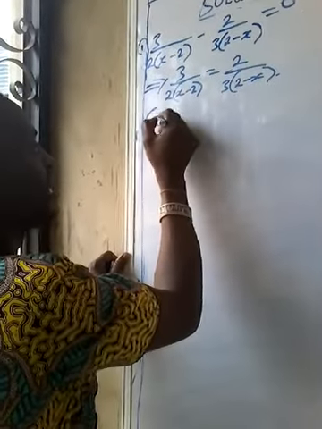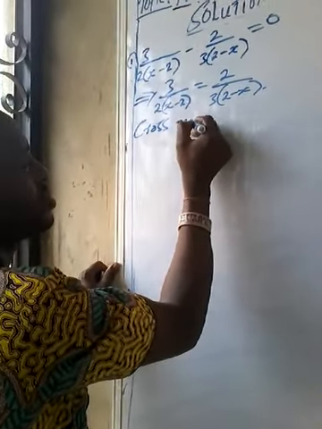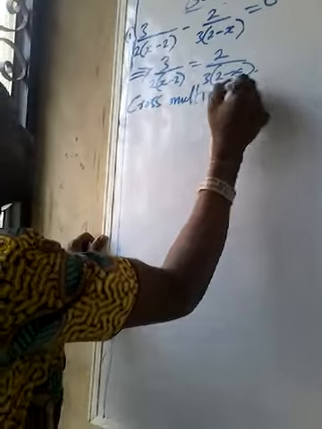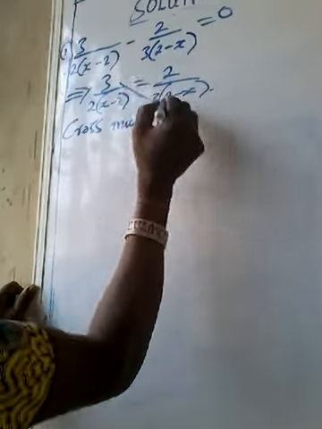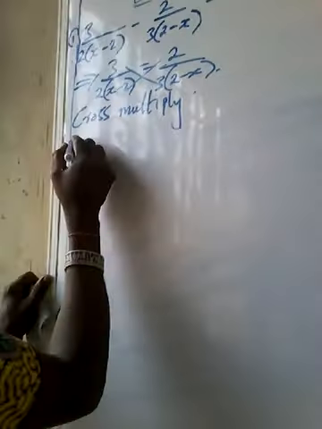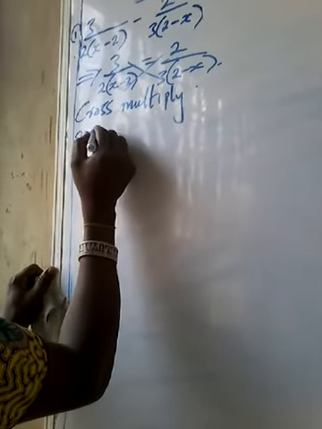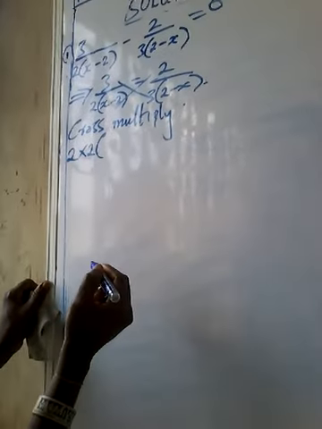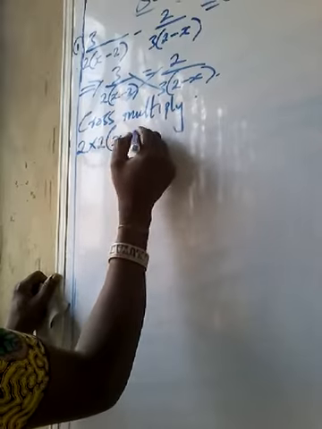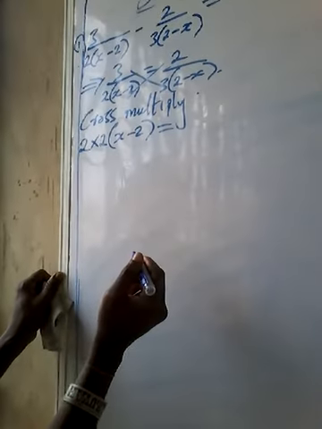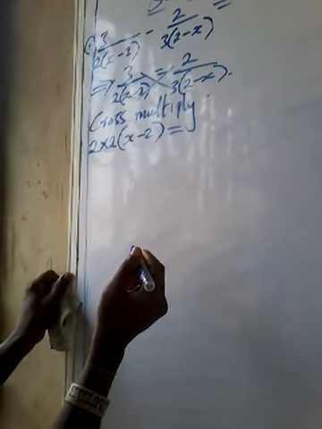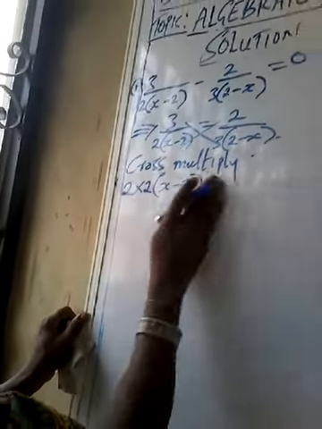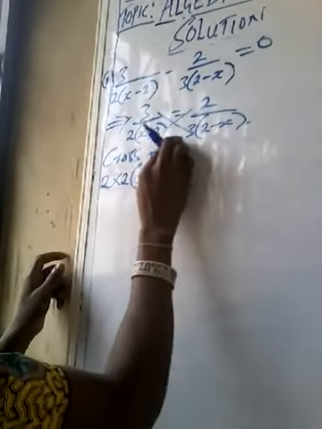If you cross multiply here, what you have is this coming to meet this, and this coming to meet this. So you have 2 multiplied by 2 into bracket x minus 2 is equal to, or you may want to open the bracket so that it's not complex for you.